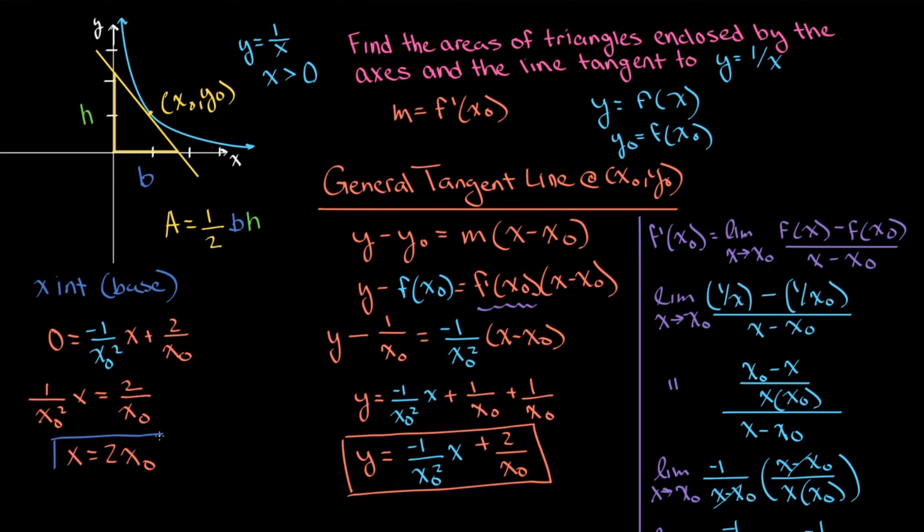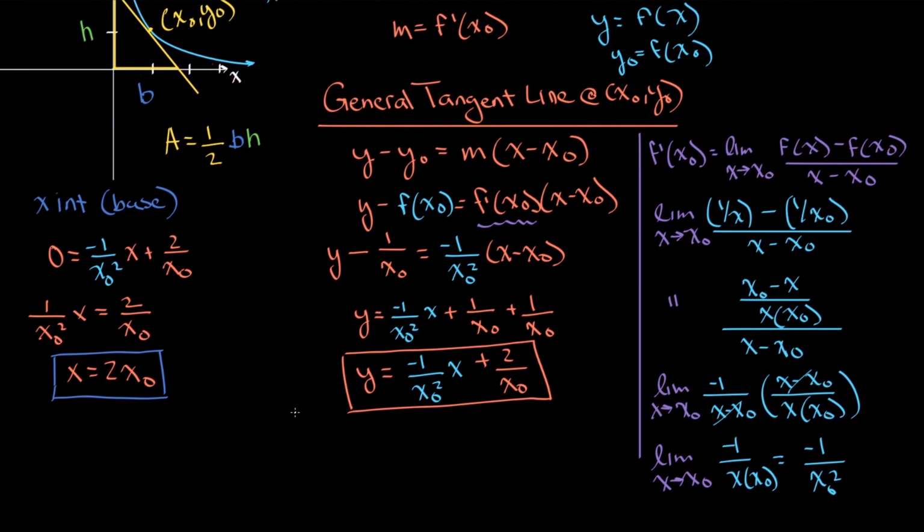So we got one down, one more to go. We just need to get our height. And we said the height was going to be the y-intercept. So we're going to let now x be equal to 0 in our general tangent line to find the height. So let's find the y-intercept now, and that's going to be our height. Okay. And again, we want to let x be now equal to 0.